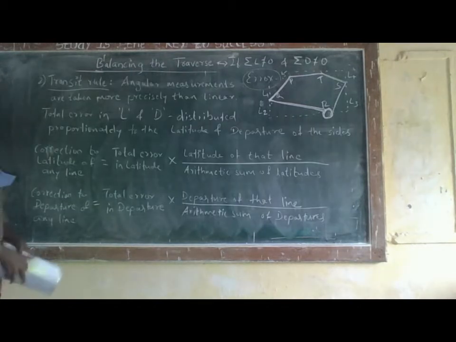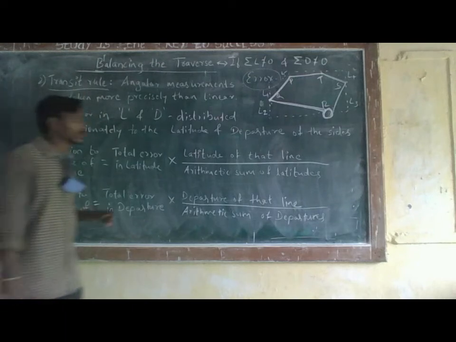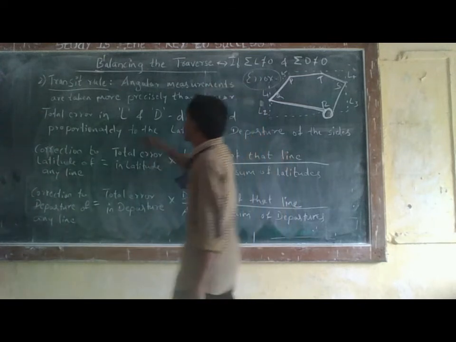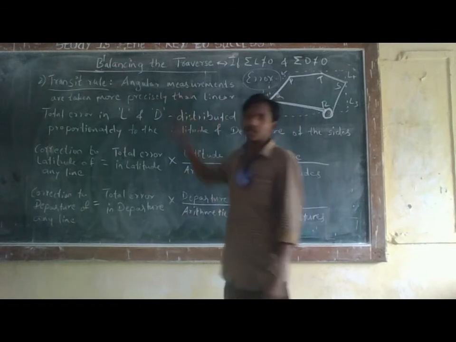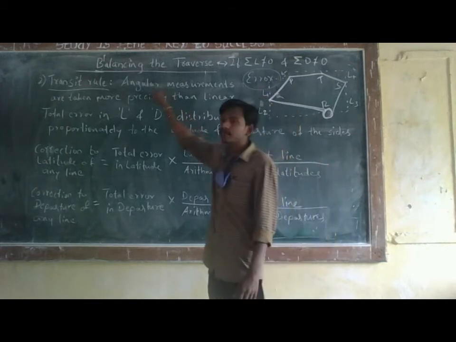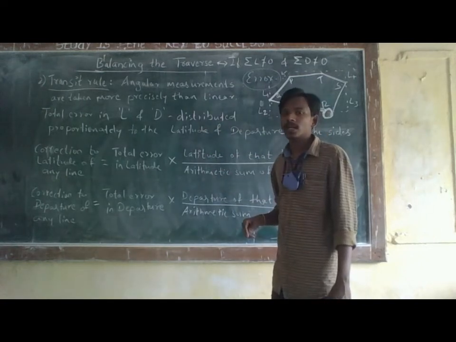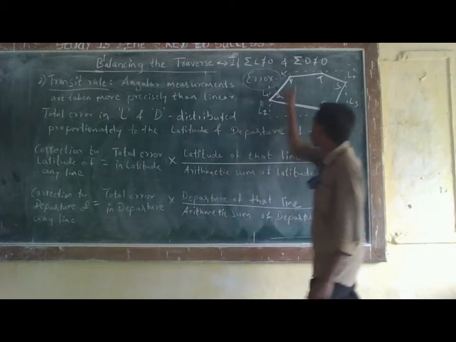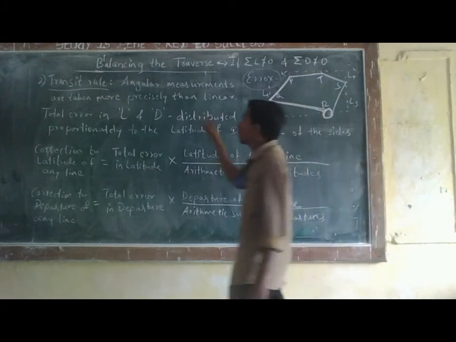Now let's continue with the second rule, transit rule. So here in this rule, the angular measurements, the angles which you are going to measure in the traverse, are more precise than the linear measurements. The linear measurements are the lengths. So the length measurement of all the traverse sides is less accurate compared to the angular measurements.